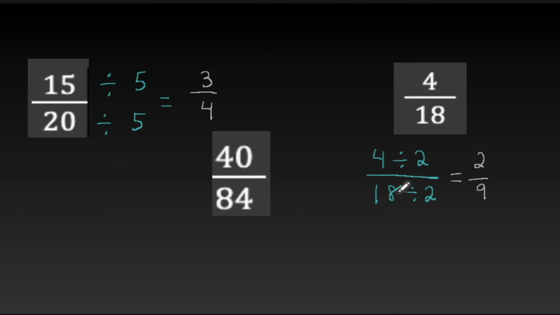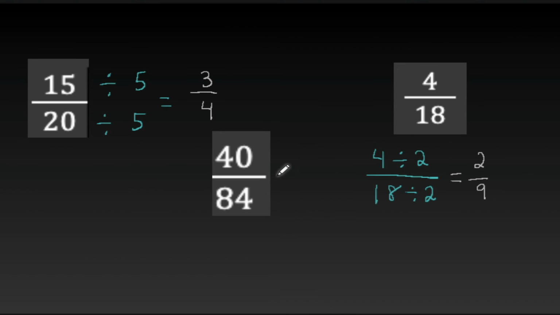Okay, and then let's go over to the next one, which is 40 over 84. Now, I will tell you this, some people are more adept at finding the greatest common factor than others. I can see that the greatest common factor is 4, but I've been doing this for a very long time.